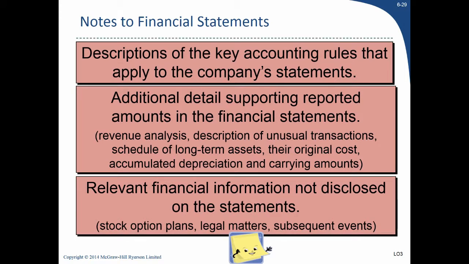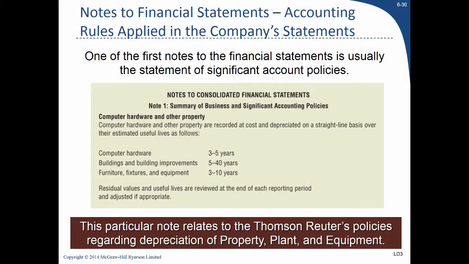So again, the notes are just descriptions of key accounting rules. Sometimes it'll give you detailed support of the reported amounts, and it'll give you other information not disclosed in the statements, things you care about. So here's an example. One of the first notes to the financial statements is usually significant accounting policies.